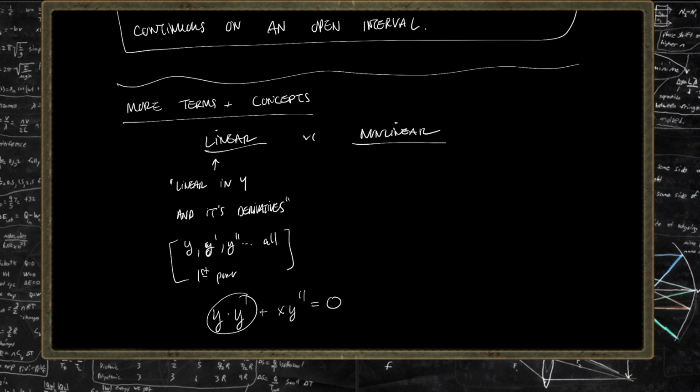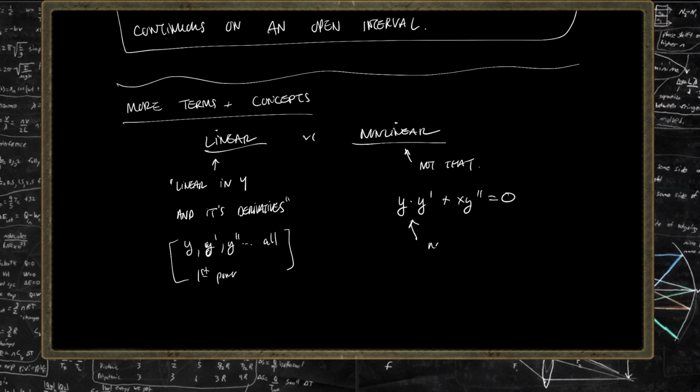So that is technically nonlinear. All right. So nonlinear means just, not that. So things like y squared, I'll put this over here in this category. Things like y squared plus y double prime equals 0. This is not linear because of this y squared, not because of the second derivative here.